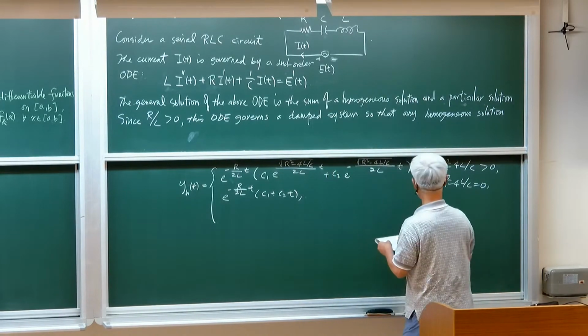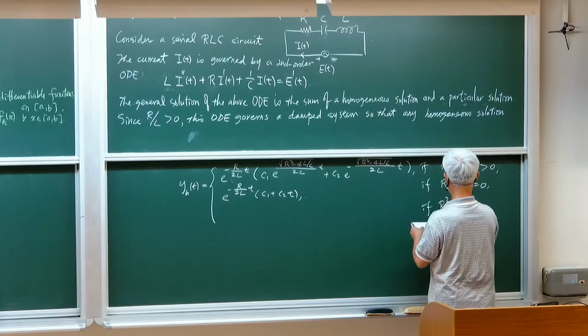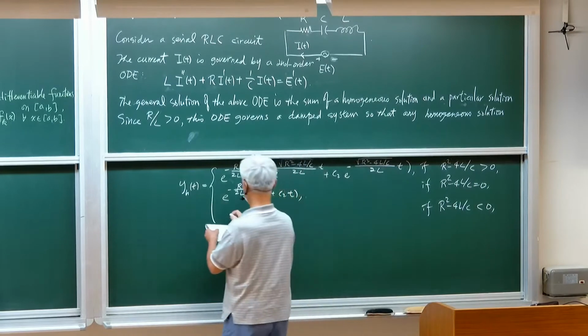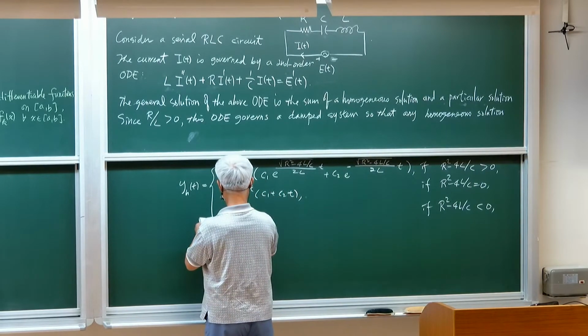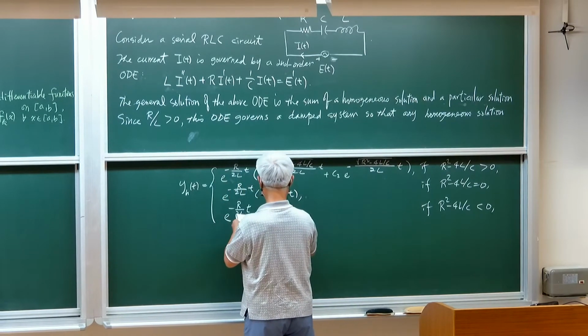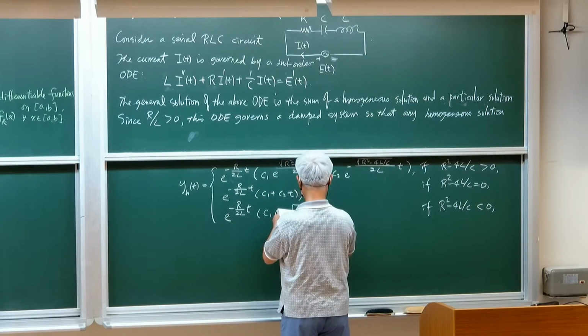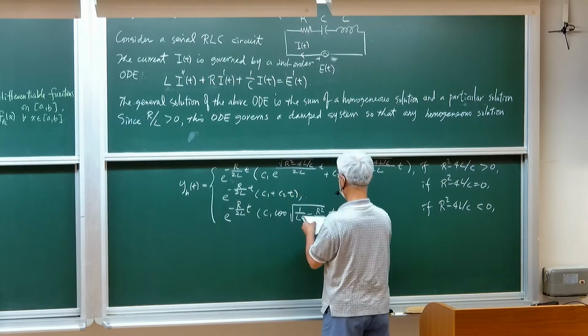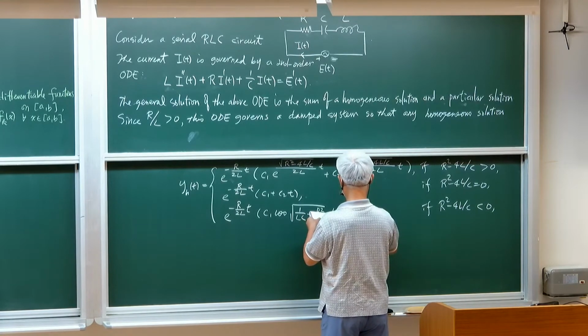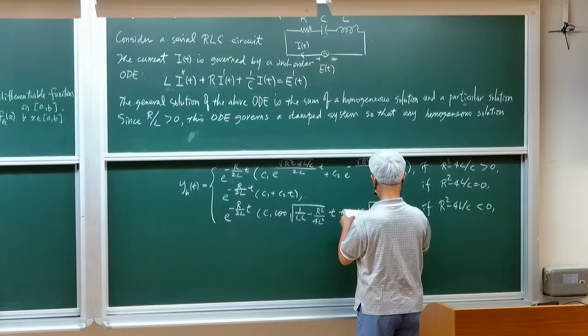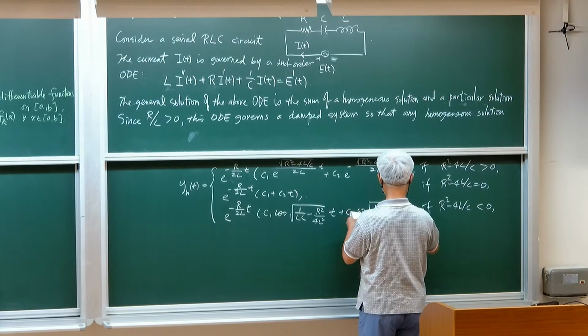And if the discriminant is negative, then we have oscillation: C1 cosine of the square root of 1 over LC minus R squared over 4L squared, times t, plus C2 sine of the square root of 1 over LC minus R squared over 4L squared, times t.